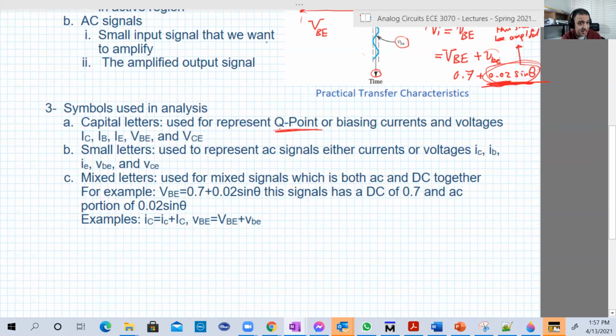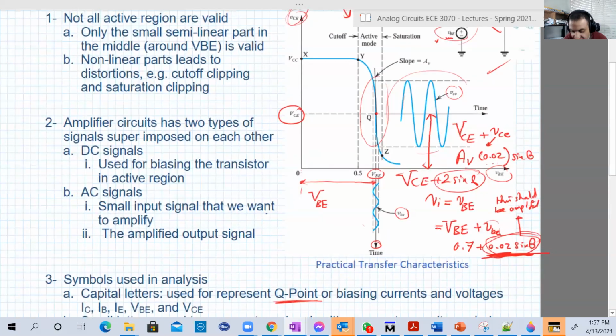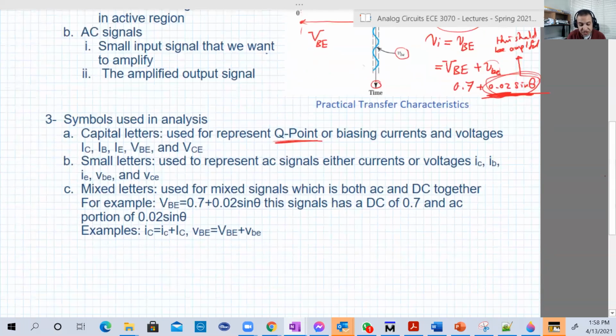Q point is basically the operating point, meaning how much DC you have, which is VCE capital and VBE capital here, and of course IC capital, IB capital, and so on. So whenever both the symbol and the subscript are capitals, this is DC.